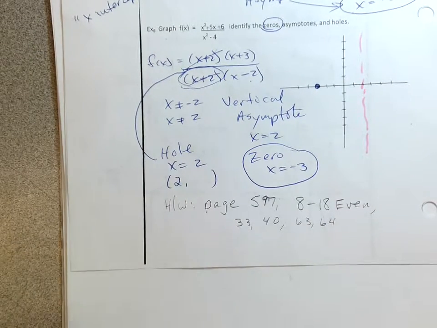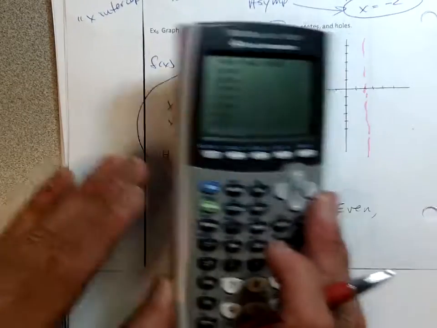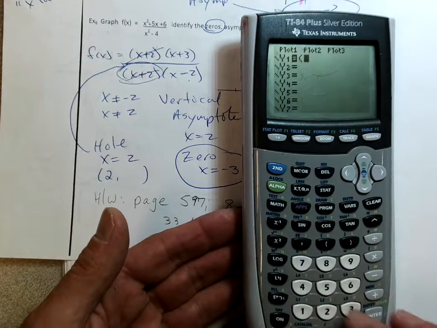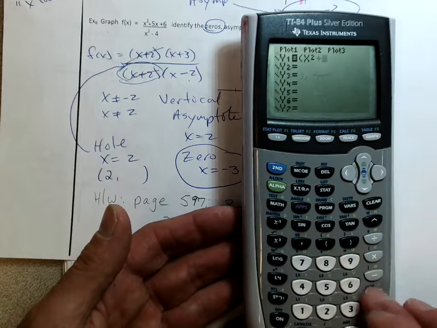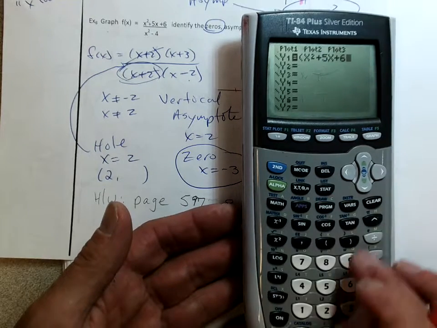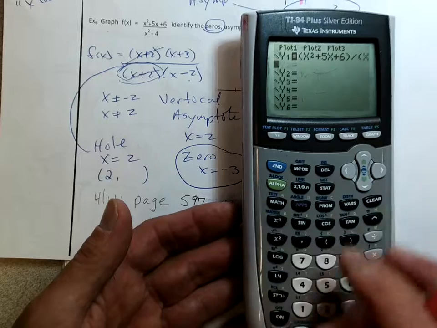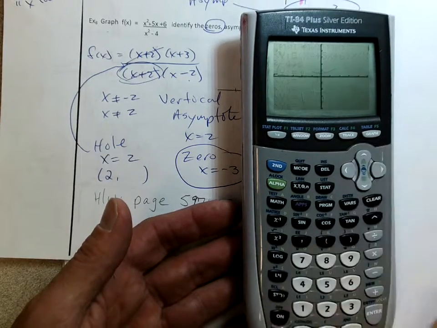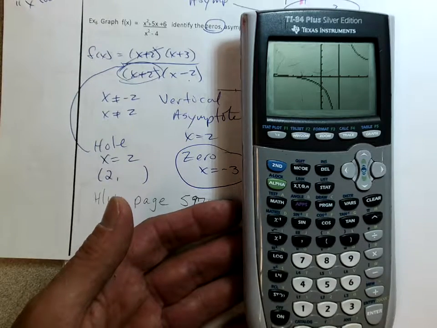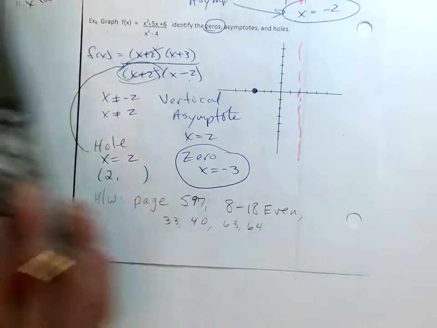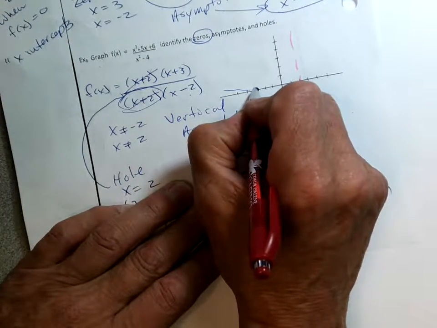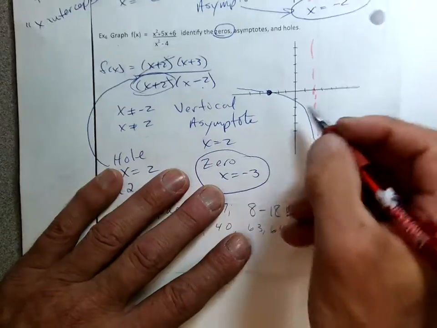Now, if we took a look at it on our calculator just to double check, I do my parentheses x squared plus 5x plus 6 parentheses divided by parentheses x squared, subtract 4 parentheses, and then graph. Let's see what I get. Looks kind of what I thought it would look like, right? So it kind of goes like this, and like this.